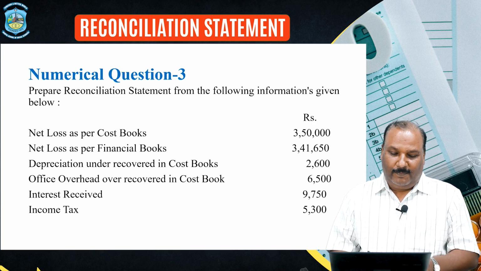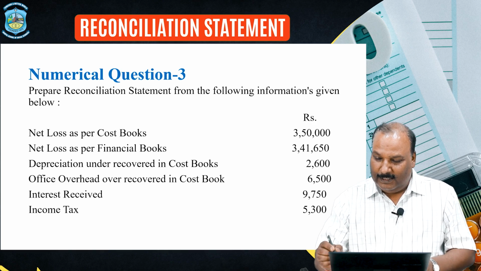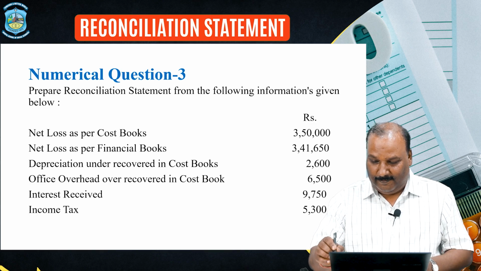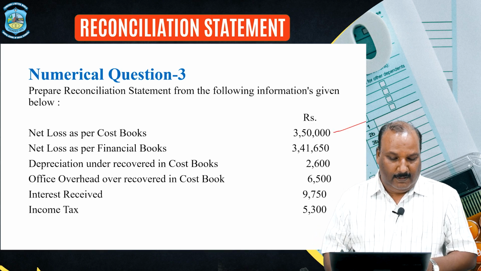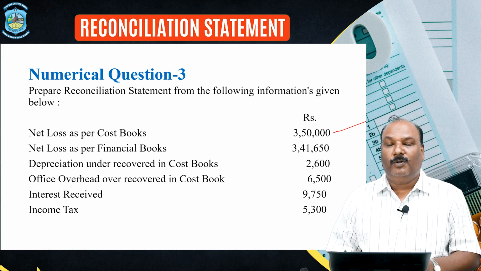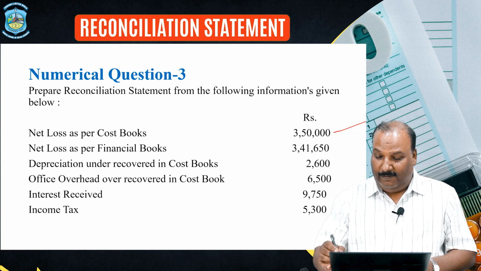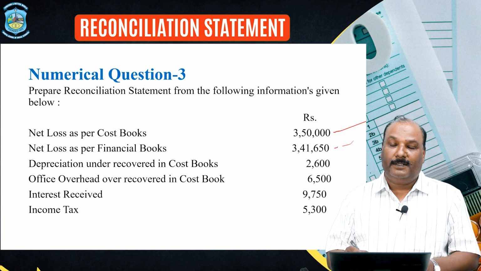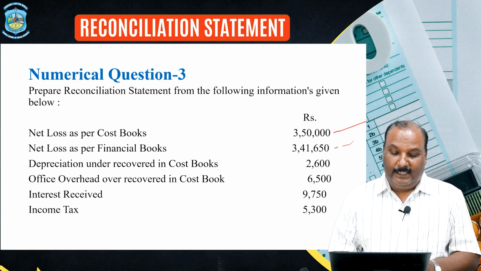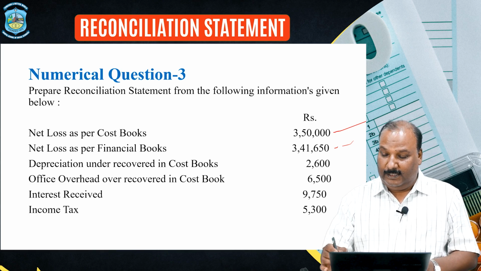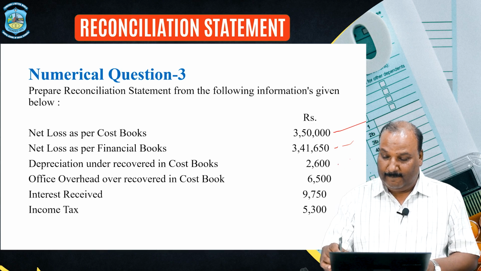Question: net loss as per the cost book is 3,50,000 rupees. Net loss as per financial book is 3,41,650 rupees. Depreciation under recovered in cost book, that is 2,600 rupees.